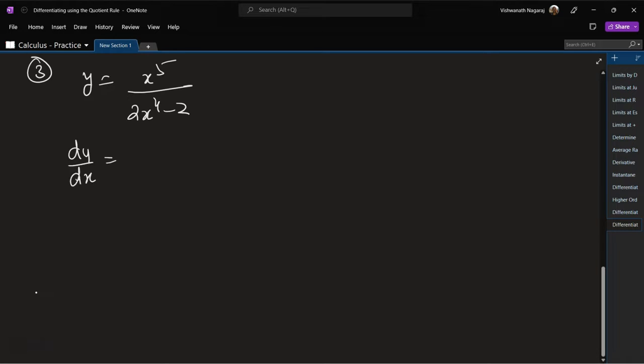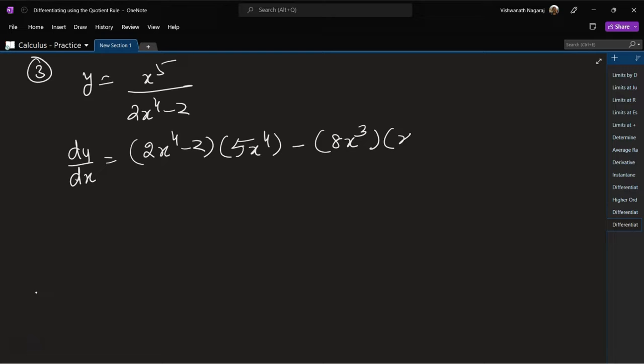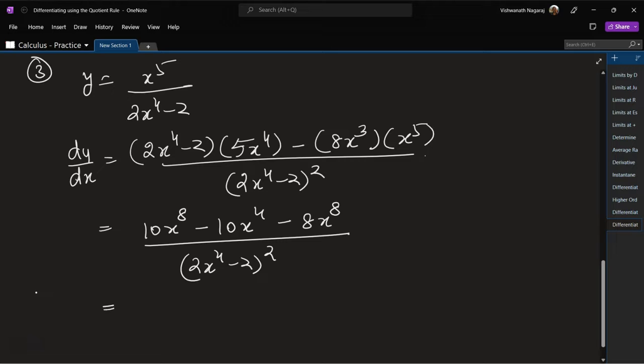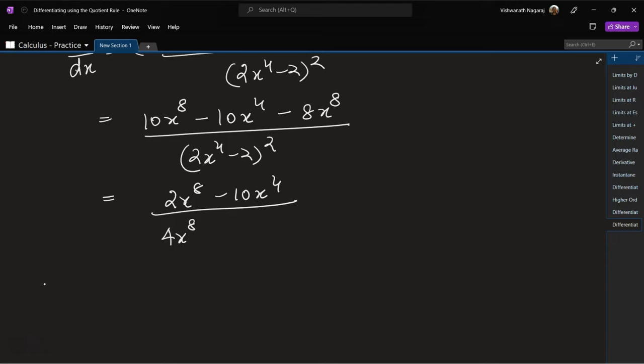So dy by dx is equal to the denominator as it is, derivative of the numerator 5x to the power of 4, minus the derivative of the denominator 8x cubed, times x to the power of 5, by 2x to the power of 4 minus 2 square, which gives us 5 twos are 10x to the power of 8 minus 10x to the power of 4 minus 8x to the power of 8, divided by 2x to the power of 4 minus 2 square, which gives us 10 minus 8 is 2x to the power of 8 minus 10x to the power of 4, by, now we expand this, 4x to the power of 8 minus 2 twos, is 8x to the power of 4 minus 4.